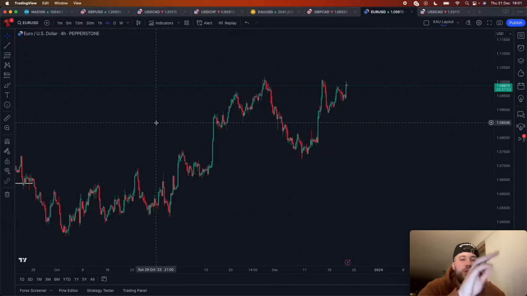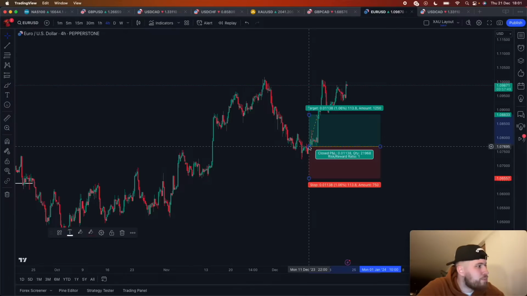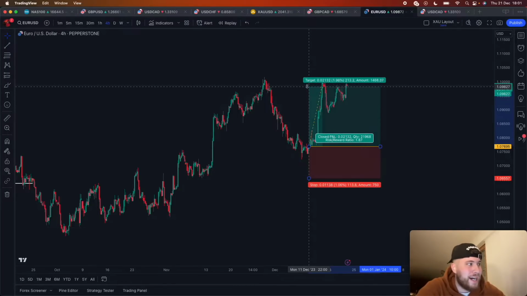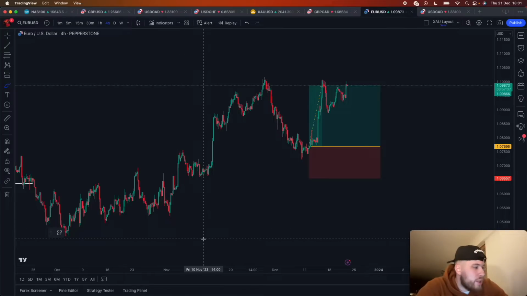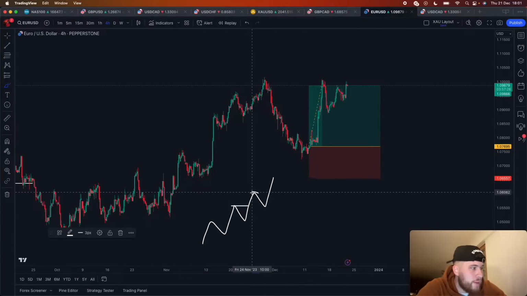Now, when it comes to placing a take profit, if we go back to this bullish example, I want to be setting my take profit just below the last high in a bullish position. Why do I want to do that? Well, if we go back to our thought process for bullish structure, we see higher highs and higher lows, where the highs break to create a new high, and we protect the lows, right?